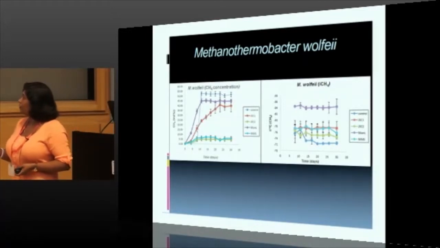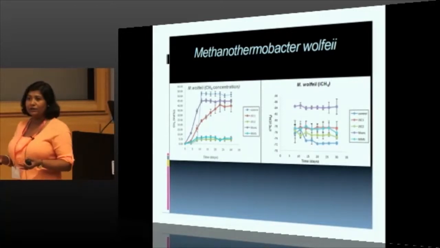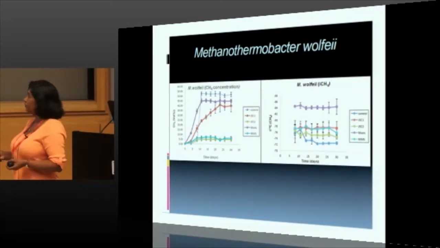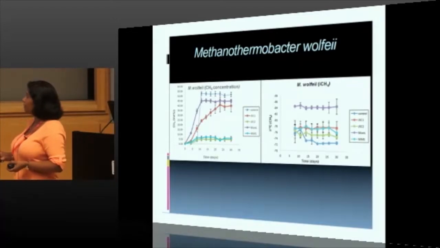What we found is that when they were grown in media and on montmorillonite and on JSC Mars 1, they showed a very high amount of methane concentration, but they showed a very small amount of methane when they were grown on JSC Mars 2 and Mojave Mars simulant.